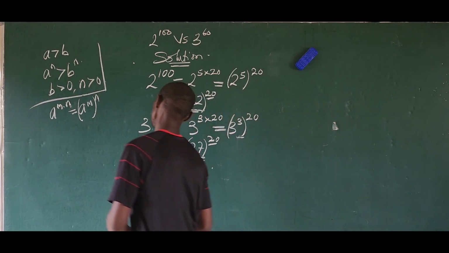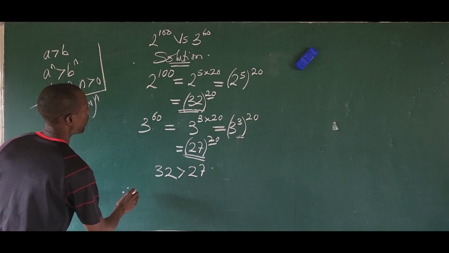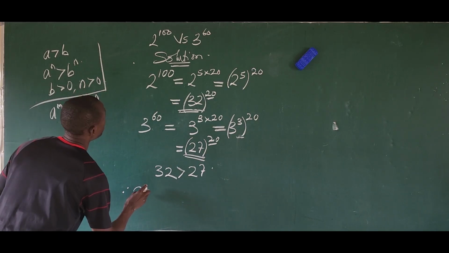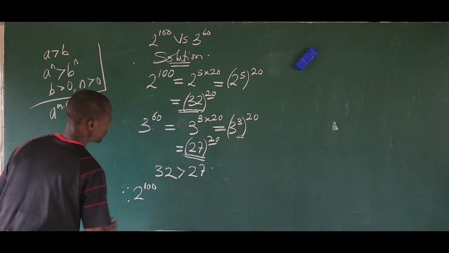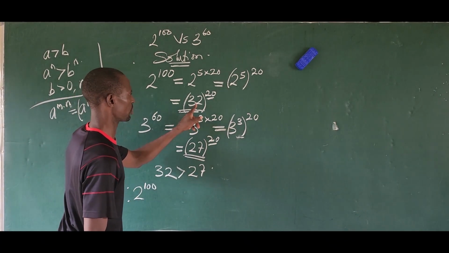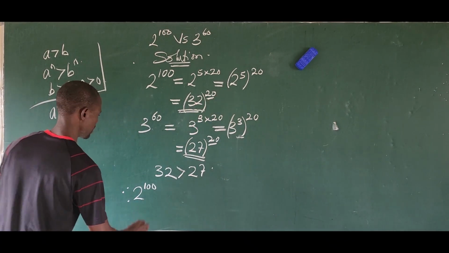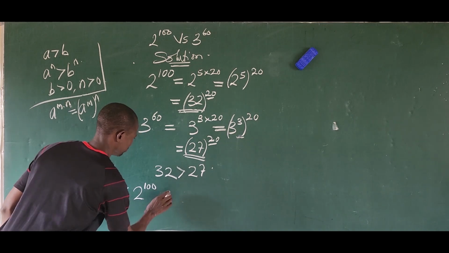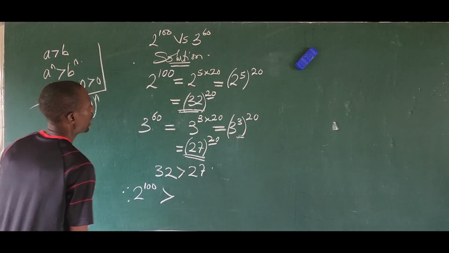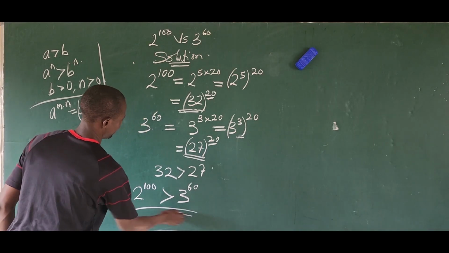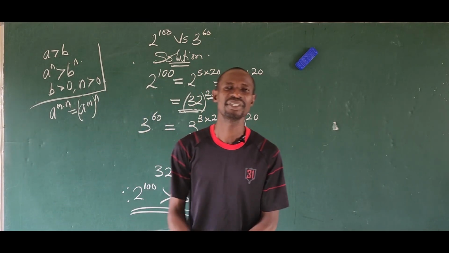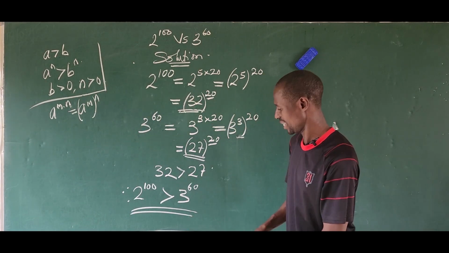And so thus, it means, therefore, 2 to the power of 100, which is equivalent to 32 to the power of 20, is greater than 3 to the power of 60. Okay, so this is how you prove simple challenges of this kind.